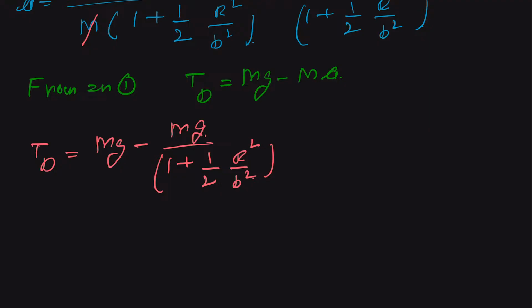Let's take mg as common, so this comes 1 minus 1 upon 1 plus 1 by 2 r square upon b square.